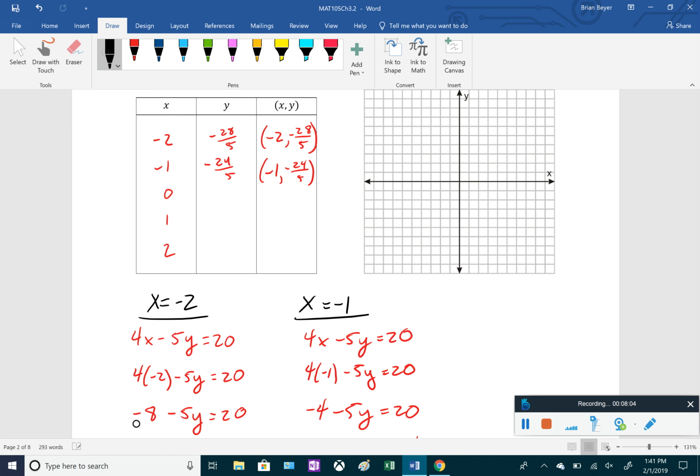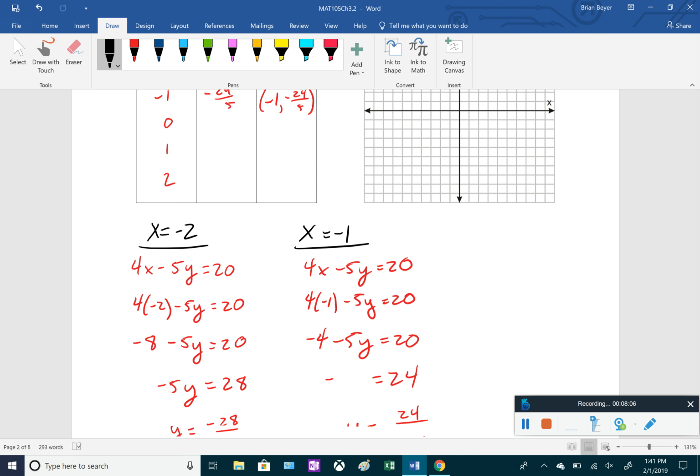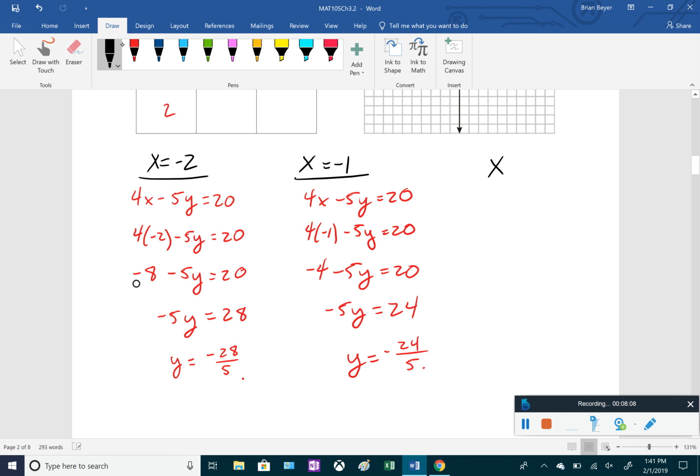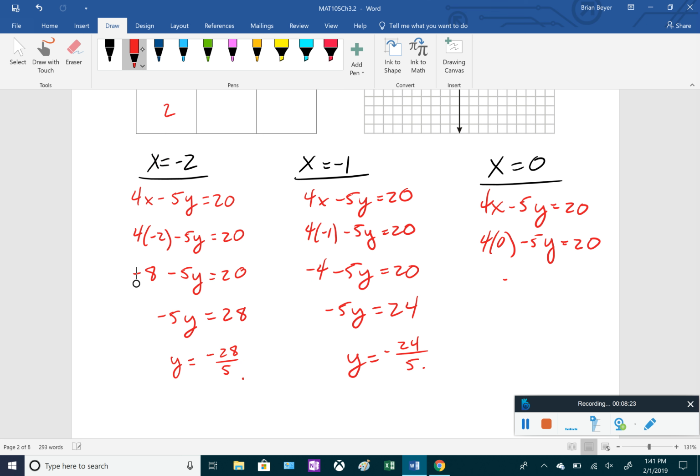So I'll do one more and then I'll fill in the other ones. So we'll do it for x equals 0. So plugging in a 0 into x, we get 4 times 0 minus 5y equals 20. 4 times 0 is 0, so we get -5y equals 20.